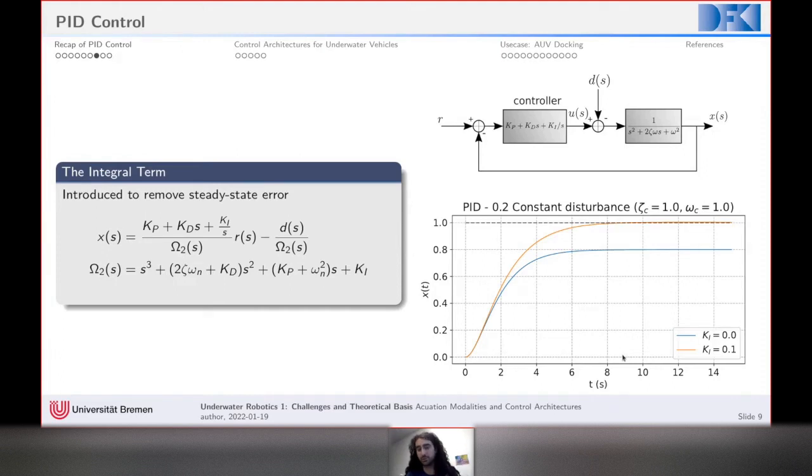When these errors decrease, integrating basically means just adding zeros, which doesn't have so much effect. It's having most of the effect in this region until we reach a certain value. So just by adding a bit of integral gain, we can get rid of this so-called steady state error.